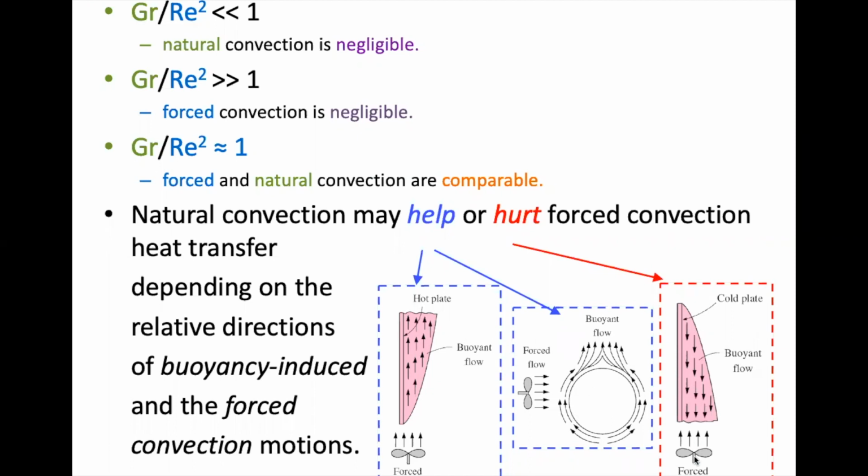Whereas here, as you can see, we have different relative directions in this plate. So in this case, natural convection is going to hurt the forced convection heat transfer, right? So again, the blue ones represent when natural convection is going to help heat transfer by forced convection, and the red one is going to hurt, depending on the relative directions.